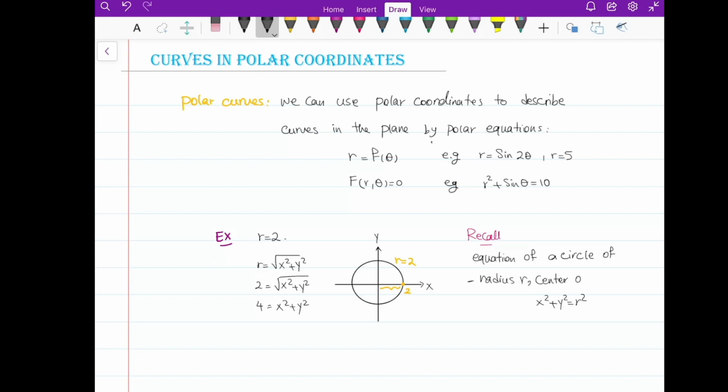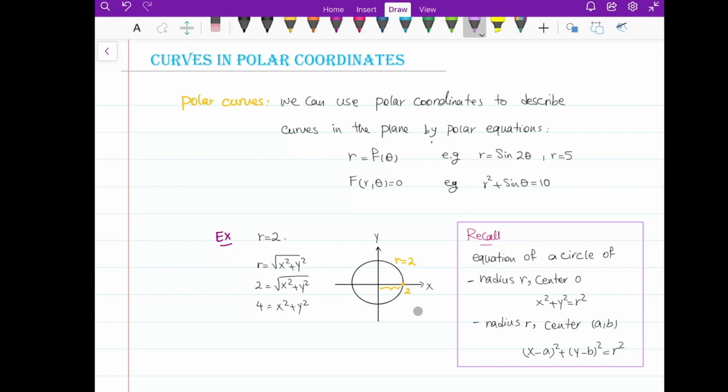If we have radius r and the center is for example at a and b, then the equation would be (x minus a) squared plus (y minus b) squared equals r squared. That's the equation of a circle. So that's why I say that this is the circle of radius 2 centered at the origin. Let me give you one more example.